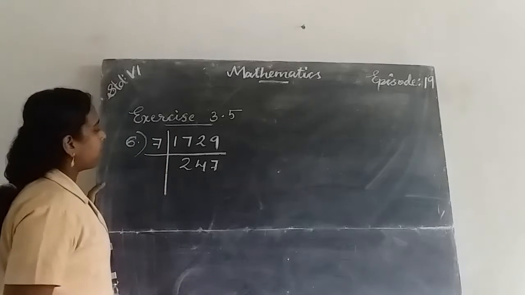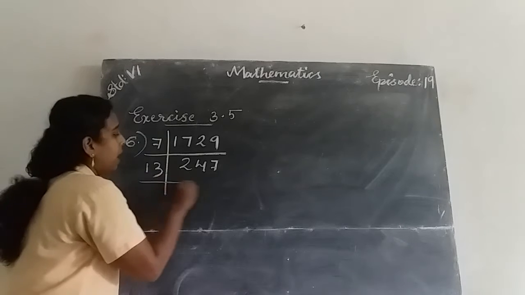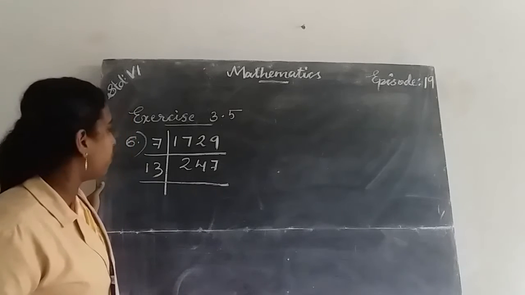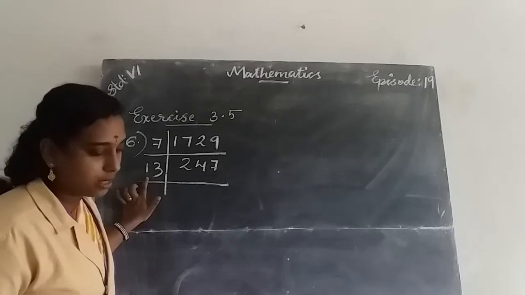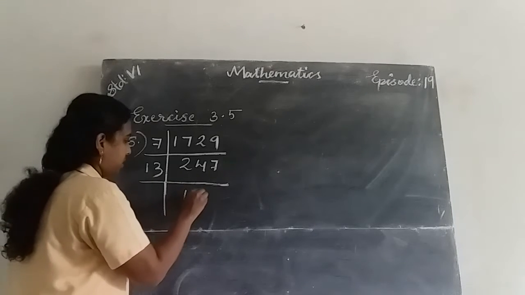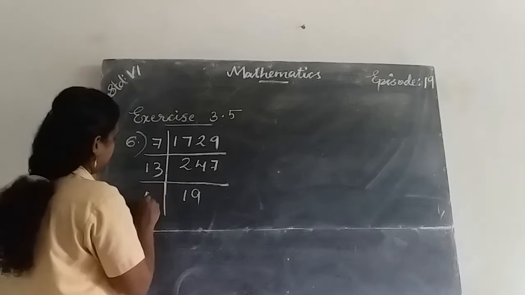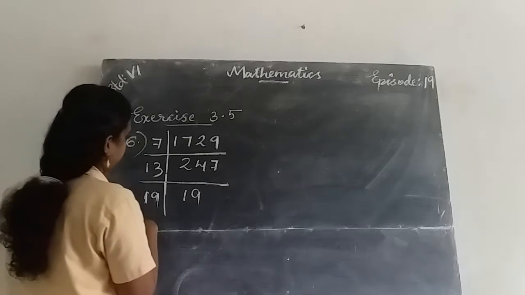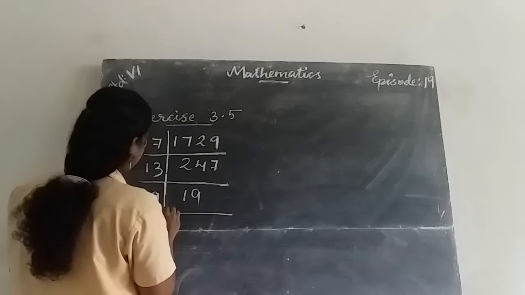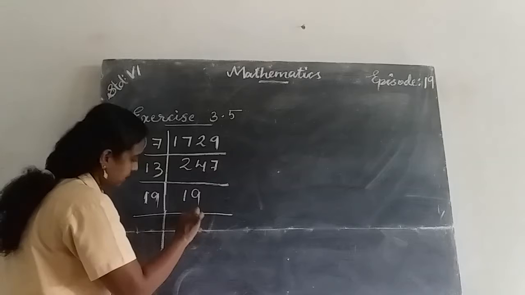Then the least prime number which divides 247 is 13, and 247 divided by 13 we get 19.